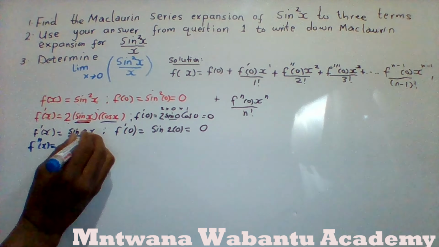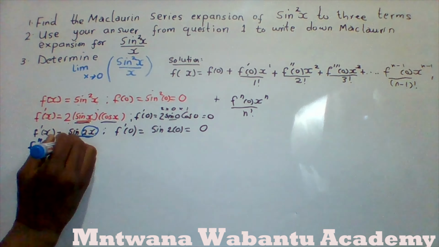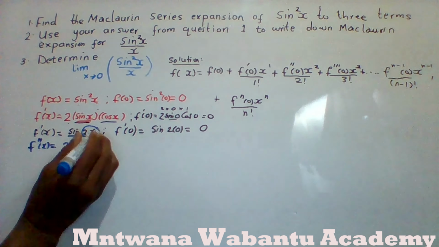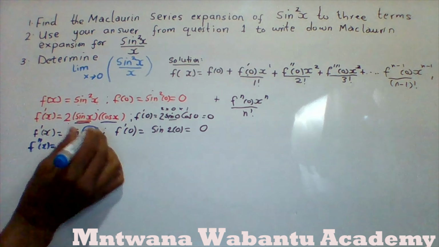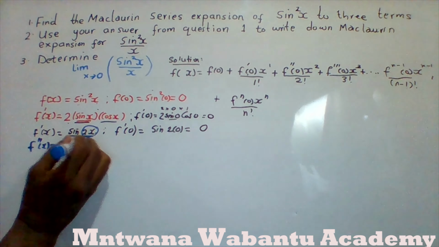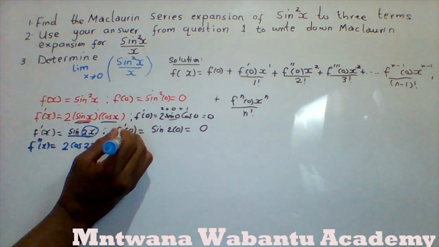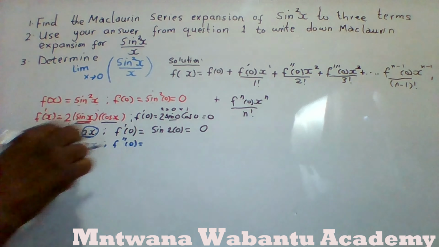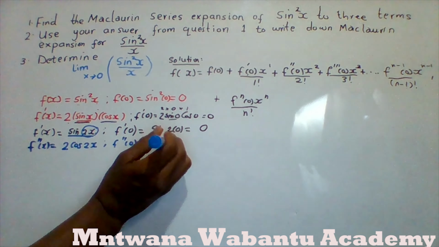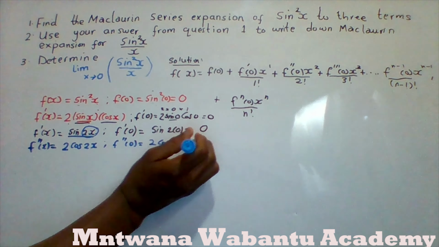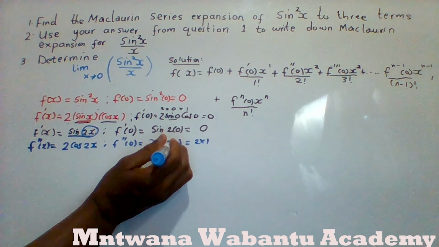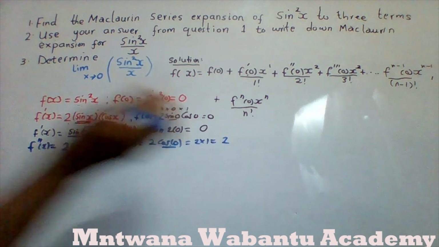When you differentiate 2x, anything in here is going to give us 2, and then when you differentiate sine of 2x, you get cos of 2x. So now this is the second prime. So f second prime of 0 means you substitute 0, and it's going to be 2 cos of 0, which is 2 times 1, since cos of 0 equals 1, equals 2.